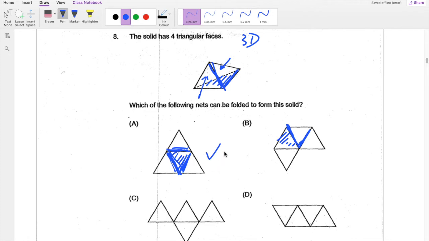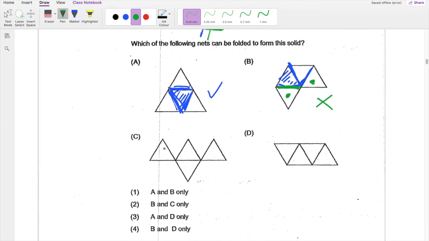Then how about this one? For the base triangle, this shared one is this one, but this triangle will also be the same triangle as this side. So this one and this one overlap with each other, so this is not the right answer.